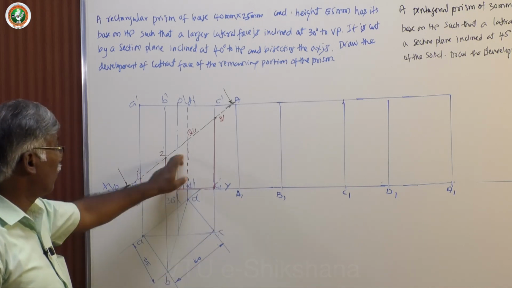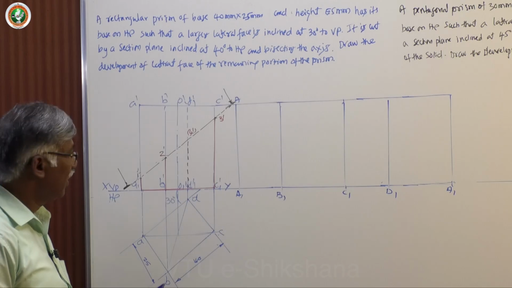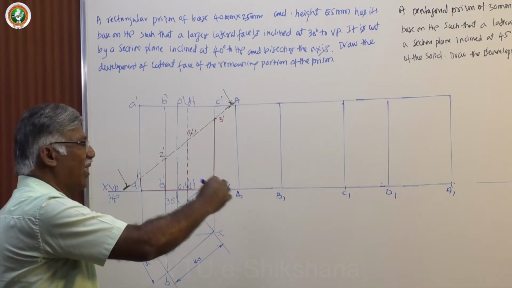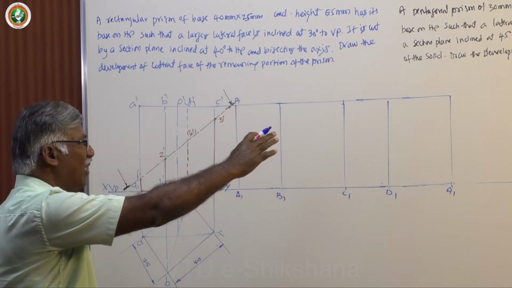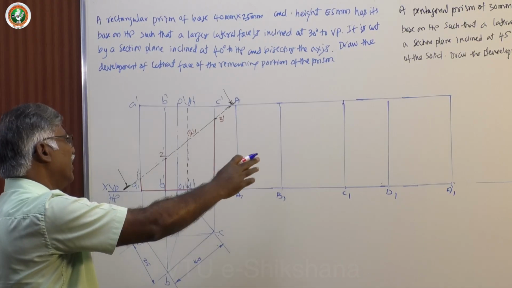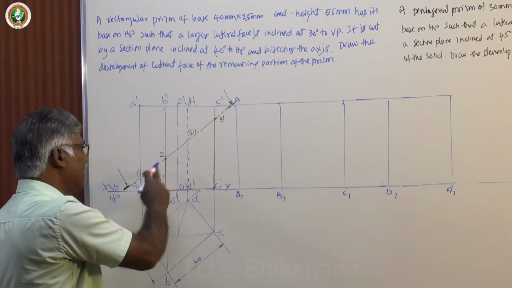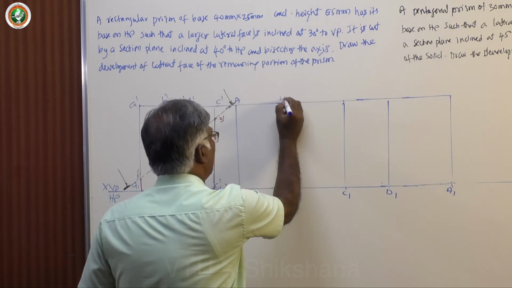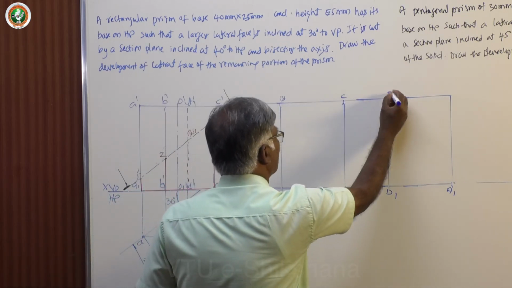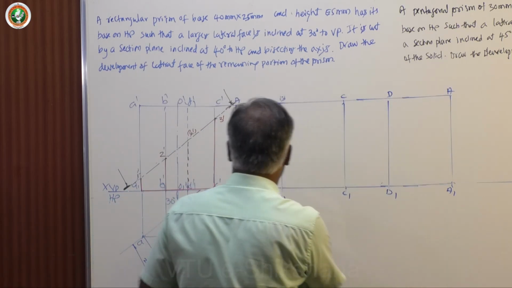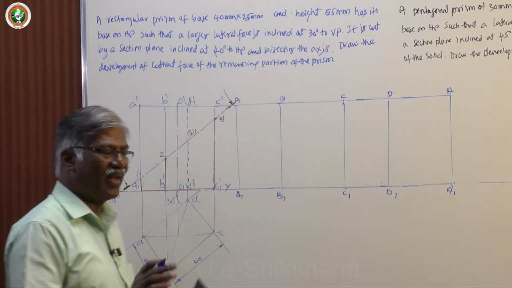Now we have to go for this section plane. It's a very easy job. Parallel line method. You draw parallel lines towards the development on the respective longer edges. You get the intersection point. This is B. This is C. This one is D. This is again A. AA1, AA1. Once you close it, you will get the same.